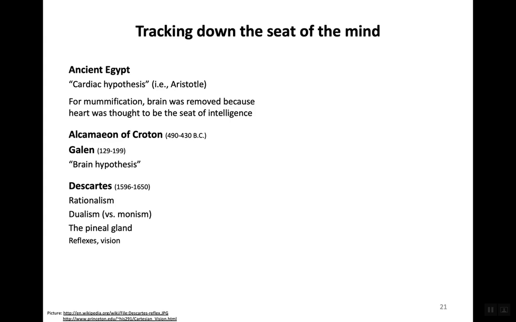And by using rationalism as a framework, he pondered over the functioning of the mind and its grounding in the physical world. And what he argued was that there is a critical relationship between the mind and the brain. However, they are different things.